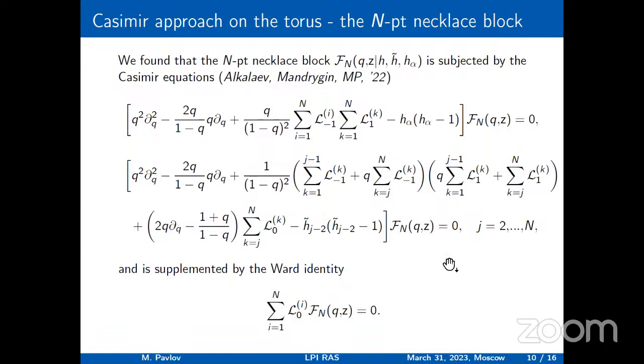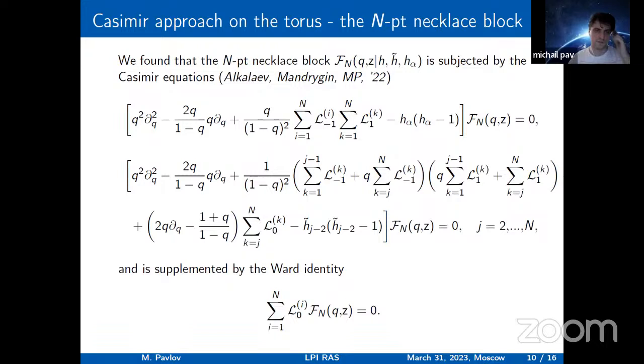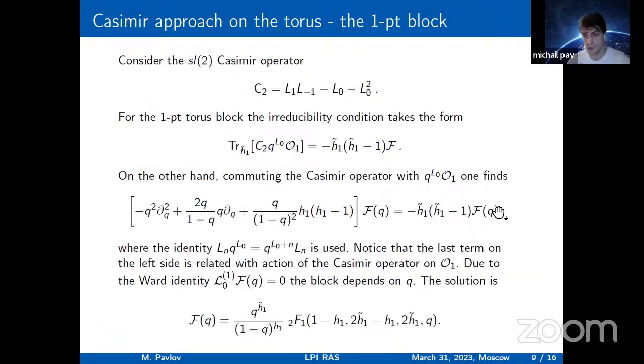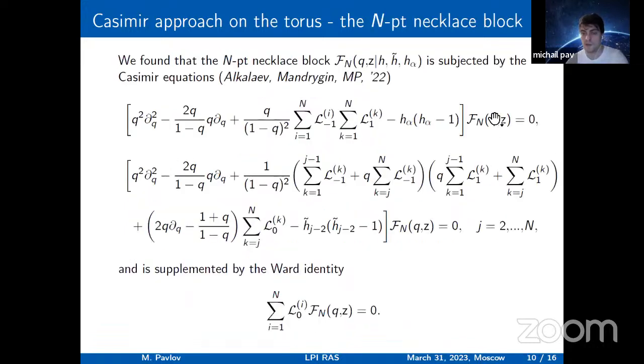Okay. In the case of Kraus's work, the equations were different. In his work there was a factorization: the block was factorized into a product of a 1-point block, which depends on q only, and a sphere block, which depends on these z points.